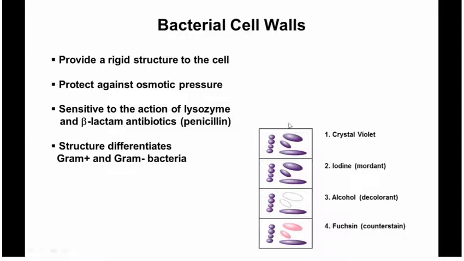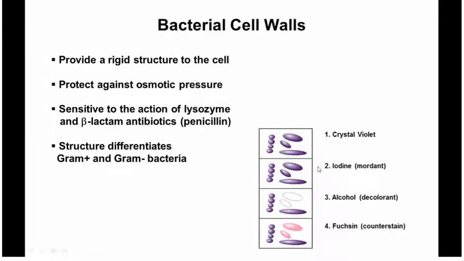The first step in the protocol is to fix the bacteria onto the slide and then stain them all with crystal violet. This is a basic stain, and it's going to interact with negatively charged molecules inside the bacteria, so RNA, DNA. So all of the cells are going to be purple at this point.